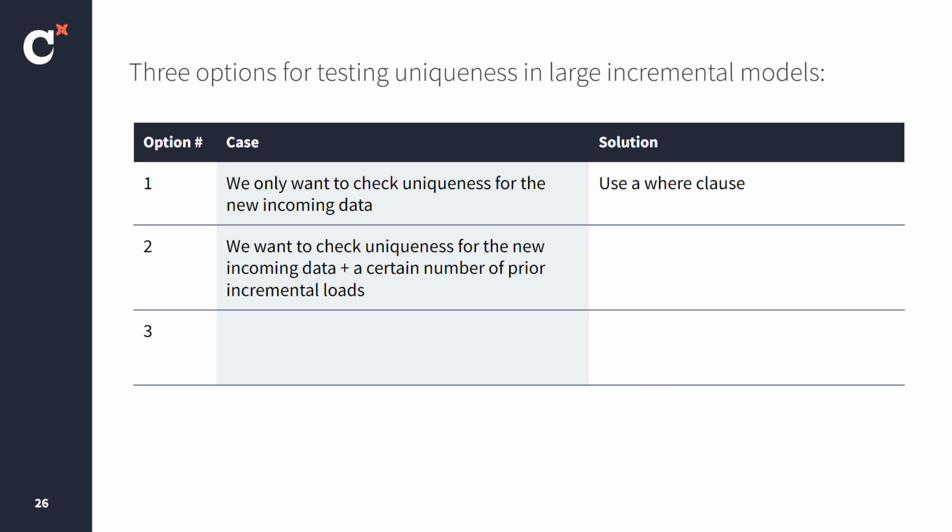And so you might want to check the new incoming batch plus just the batch before it. Or maybe there's something about your ingestion, about your data generating process, that you think this batch plus the 2 or 3 batches before it might have duplicates in them. So what we've done for this is we created a custom test that is designed just for this purpose.